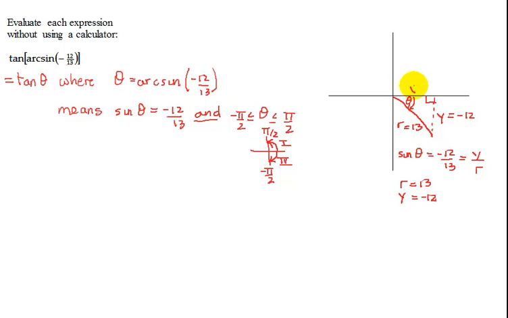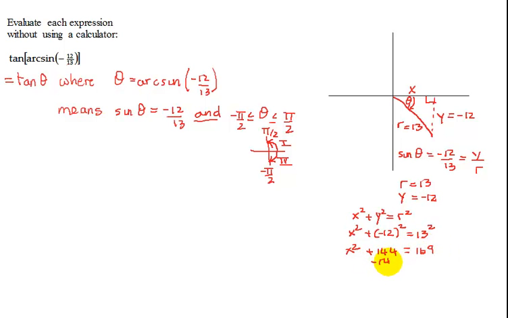I need to find x. How are we going to find the x coordinate? Well, x squared plus y squared equals r squared. And so x squared plus negative 12 squared equals r squared. r is 13, so 13 squared. x squared plus negative 12 squared, which is positive 144. 13 squared is 169.